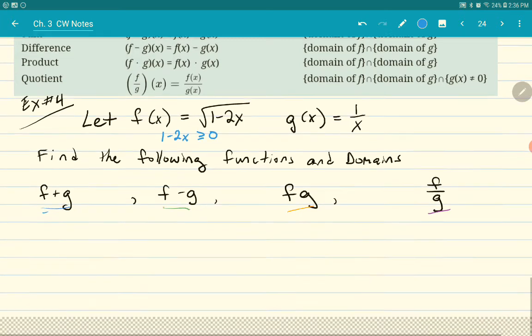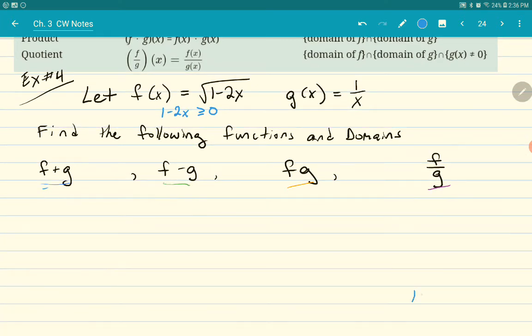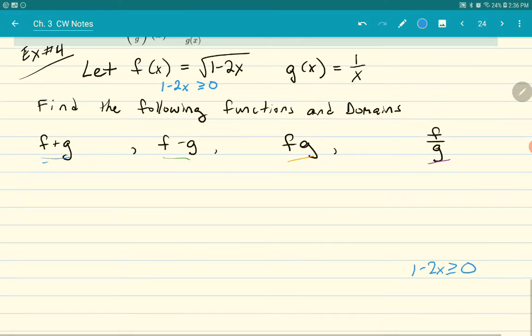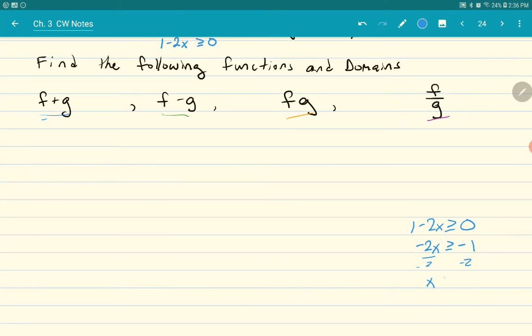So 1 minus 2x greater than or equal to 0 gives me negative 2x greater than or equal to negative 1, and then divided by negative 2, flip the sign, and that's 1/2. So x is less than or equal to 1/2.